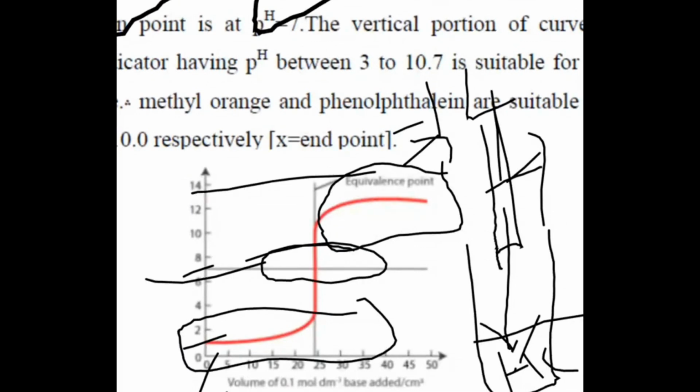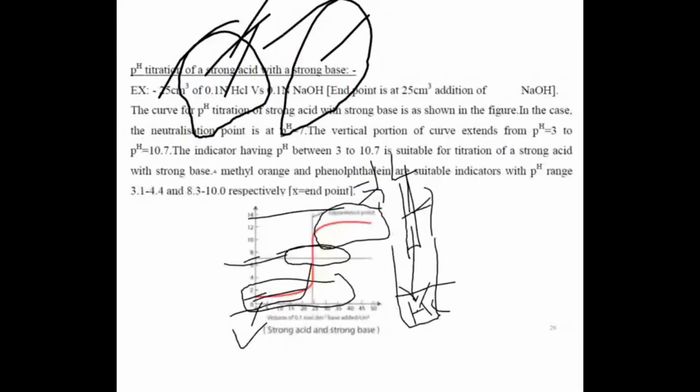Whenever you add strong acid versus strong base, this is the plot we are going to get. And for this strong acid versus strong base, methyl orange and phenolphthalein can be used as indicators. This is the pH titration for strong acid versus strong base.